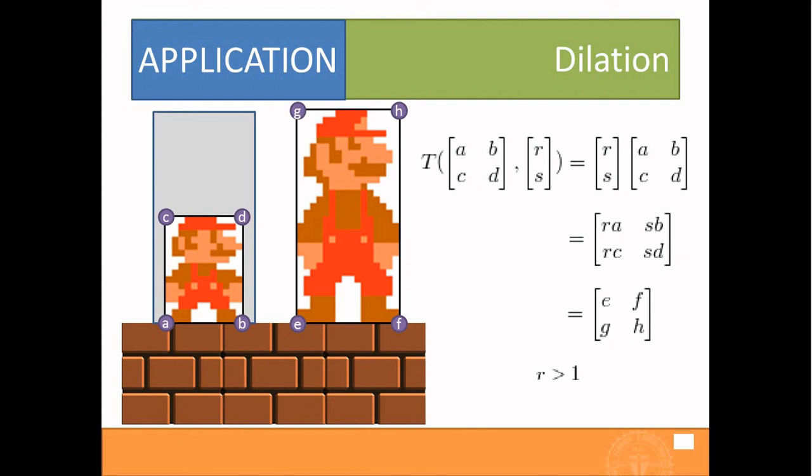So we perform the following transformation of matrix A, B, C, D and vector (r, s) to result in the matrix rA, sB, rC, and sD, which can be notated as a matrix E, F, G, H. Notice how matrix ABCD is transformed to matrix EFGH using the concept of dilation, where r and s are both greater than 1.